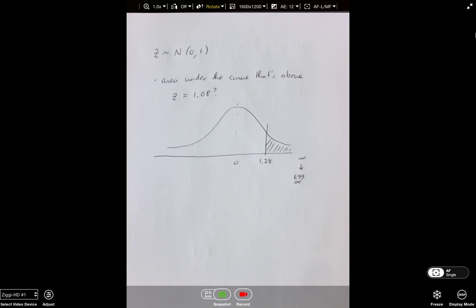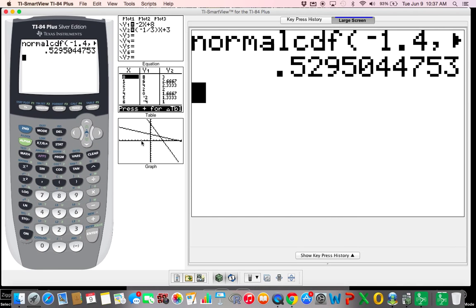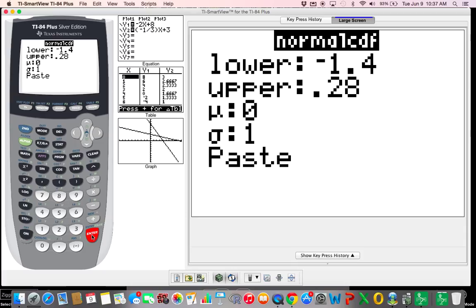So guys, to work this problem on your calculator, you're going to do the same thing. You're going to go second function, distribution, normal CDF. The lower bound is going to be the small number, 1.28. We want this to run all the way up to positive infinity. Now guys, the way you do that, don't use the E from the alphabet.